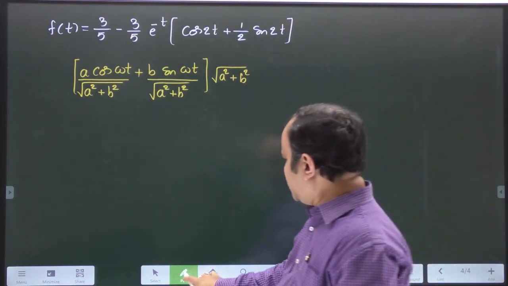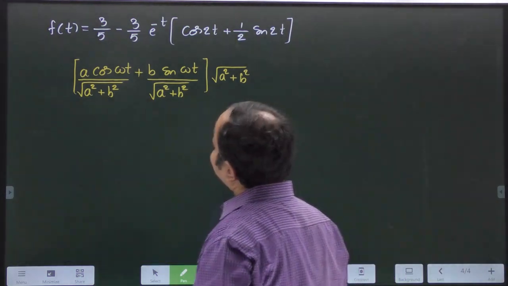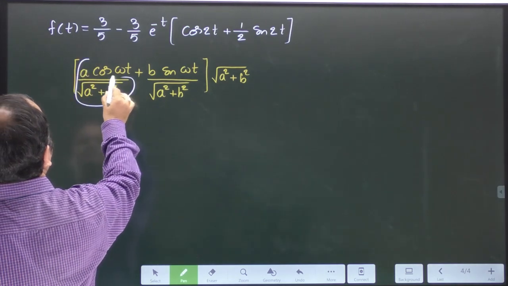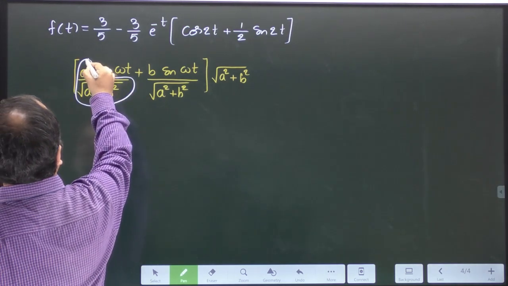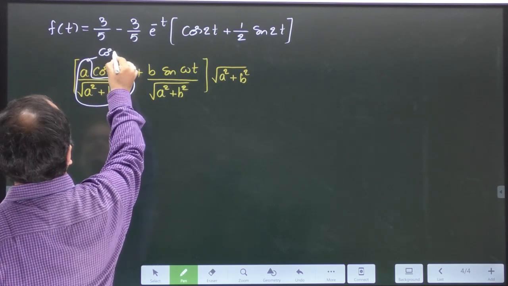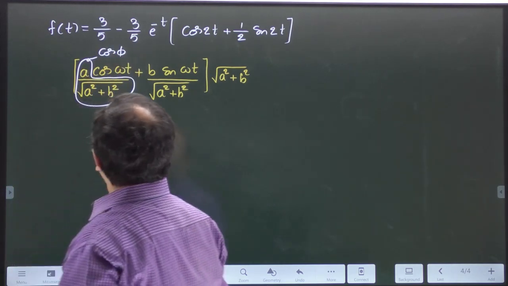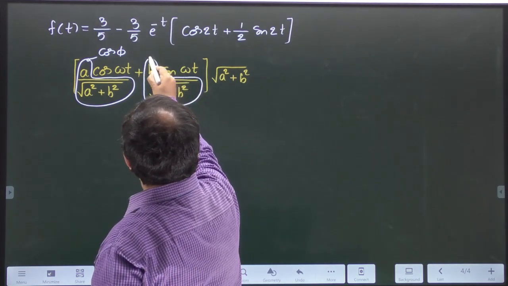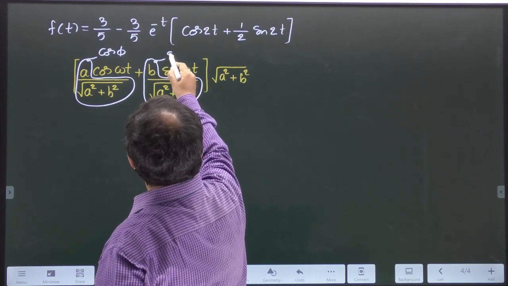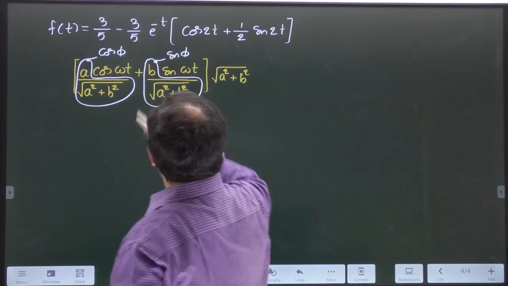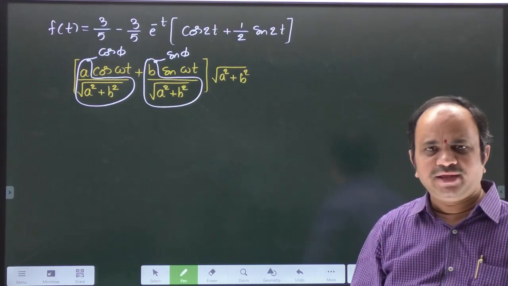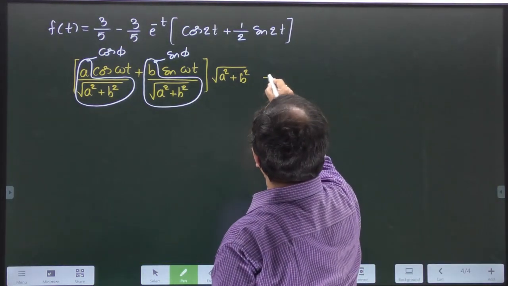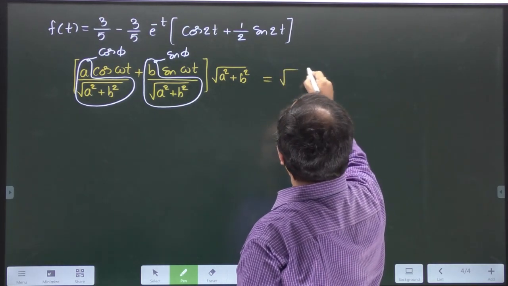Now, this particular term, I would like to call it as cos phi. Similarly, this particular term, I would like to call it sin phi. Therefore, now this overall expression, what I can write down?